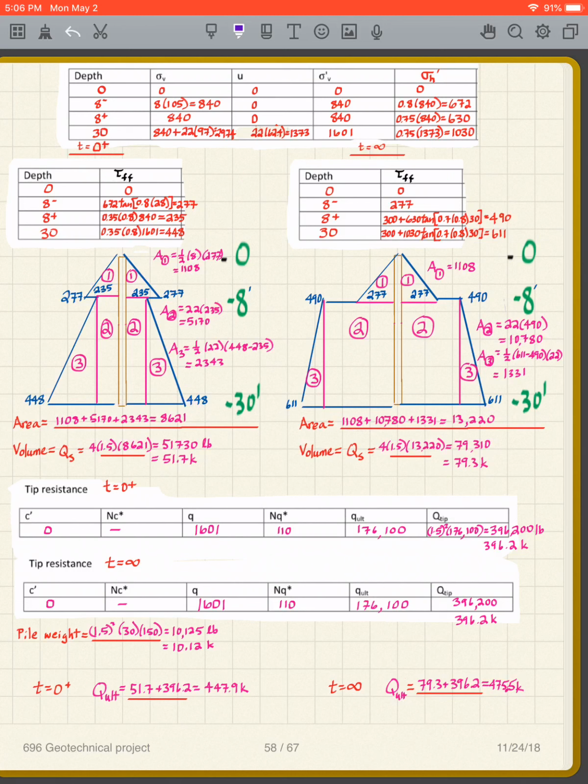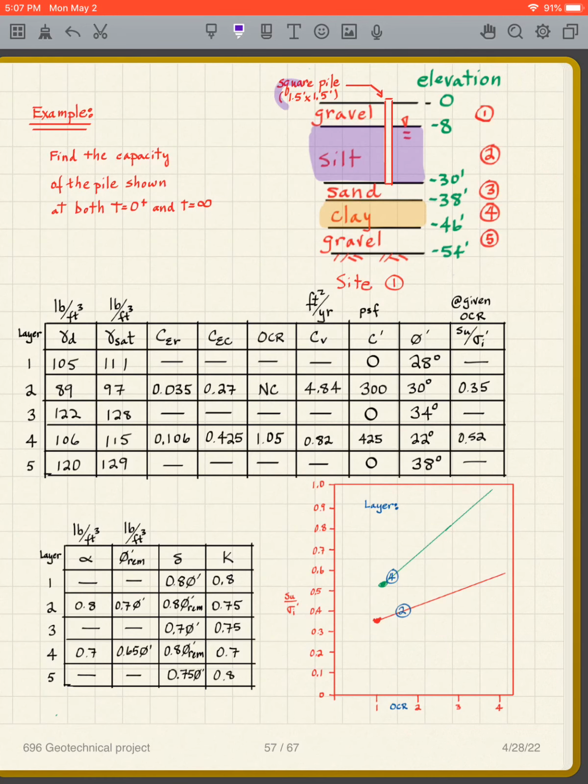Okay, so we got the areas, but I got to find the volume of the stress block. It's a stress block, and I can't really show the 3 dimensions, but I have a third, into the screen here. What is the distance? Well, this pile is 1.5 feet by 1.5 feet. So it's a square pile.